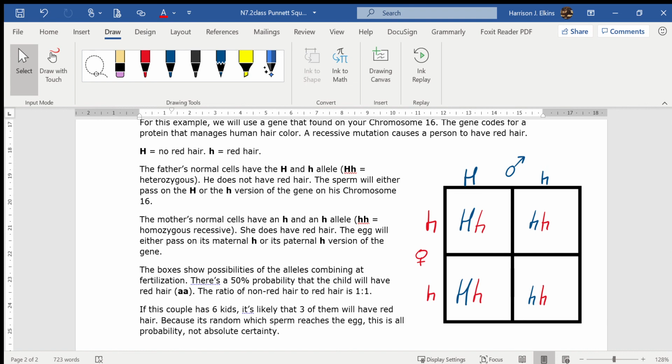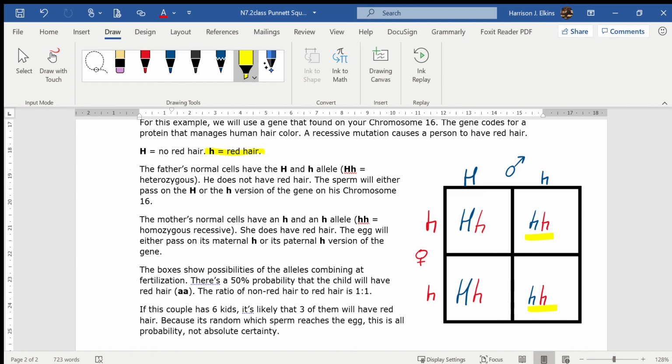A fourth of the kids could have red hair because it's recessive. Red hair is a recessive allele. Here in this example, I just give a mother who has red hair and a father who does not. And what are the chances? The chances are that 50% of the kids would have red hair, and 50% would not.